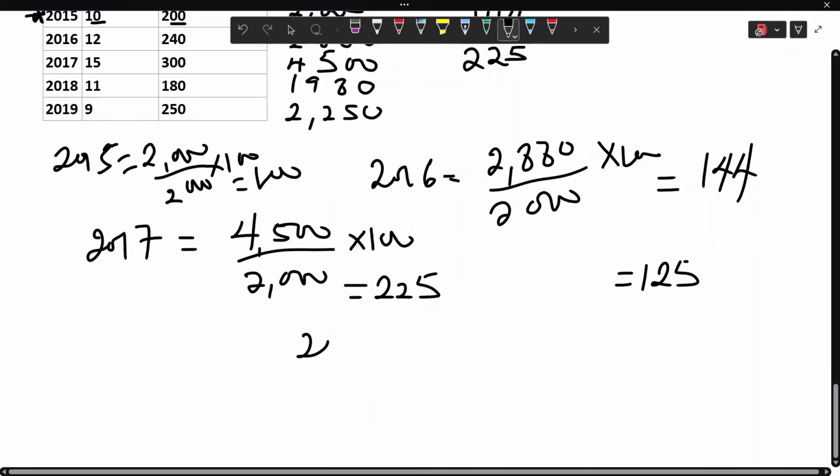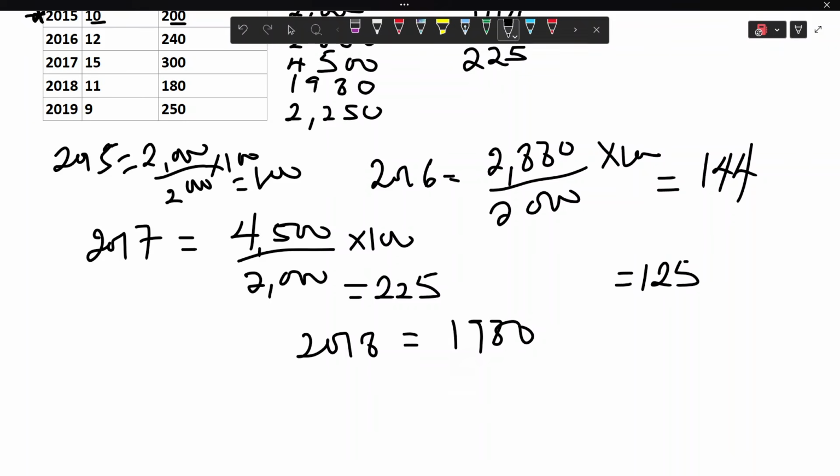2018: 1980 divided by the base period value 2000 times 100 is giving us 99.